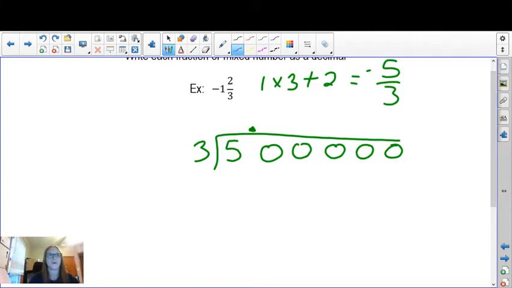3 can go into 5 one time. 3 times 1 is 3. Subtract it. 5 minus 3 gives me 2.